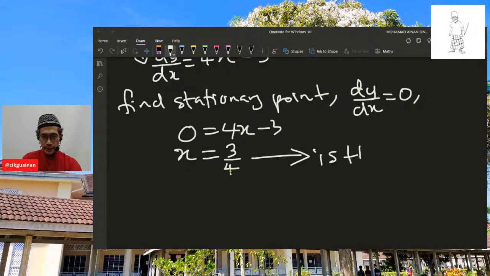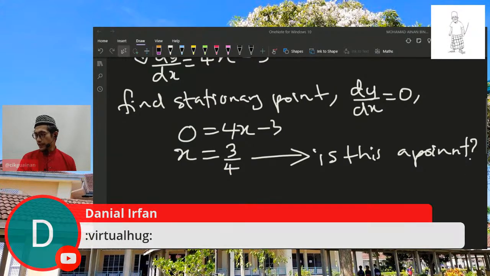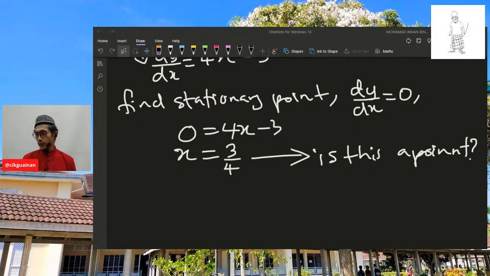Is x equals 3/4 a point? My handwriting is very horrible. Daniel, oh, a virtual hug. Okay, so this is not a point yet.